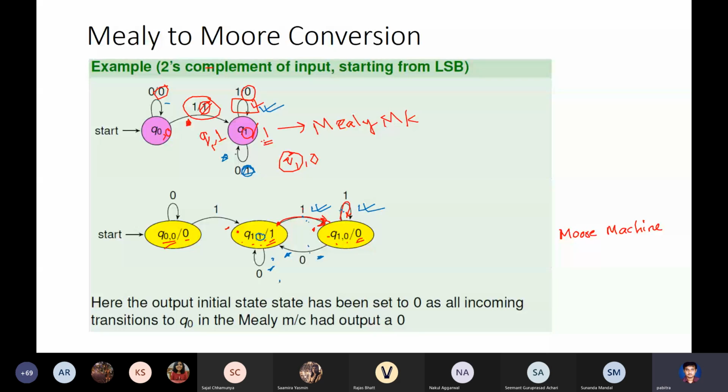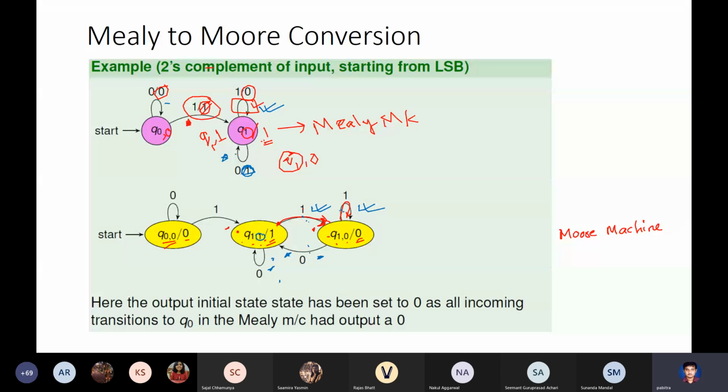Okay, so let's see what has actually happened. The state Q1 has split up into two states. One is Q1 with the output of 1, another is Q1 with the output of 0. The edges which lead into Q1, or which start from Q1, will also be split.